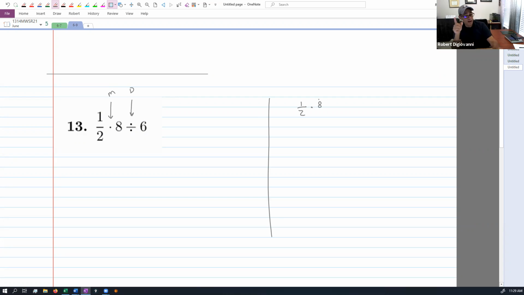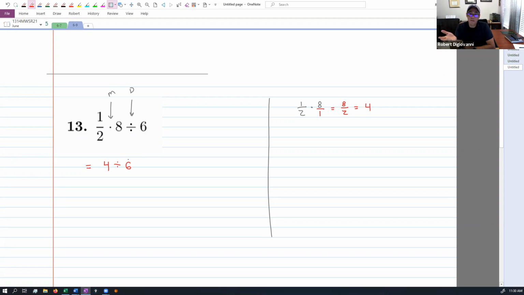And when I do that, I have to remember that 8 can be written as 8/1. And that way I can just do my multiplication straight across. And when I multiply straight across, I get 8/2. And 8 divided by 2 is just 4. So that means that this is equal to 4 divided by 6. Okay, I want to divide these two.